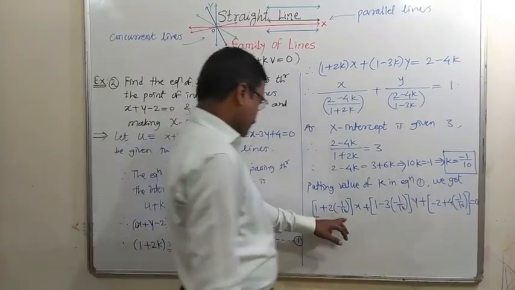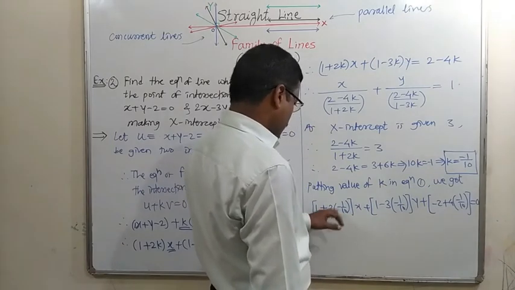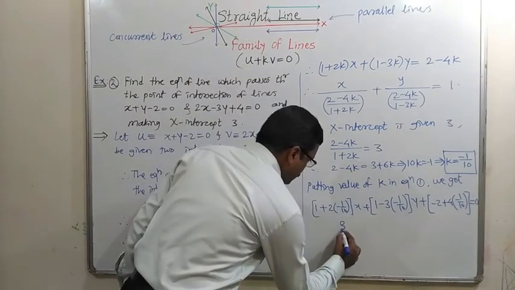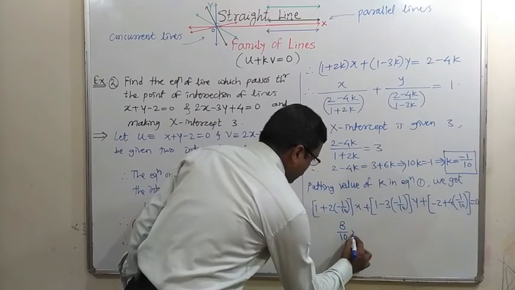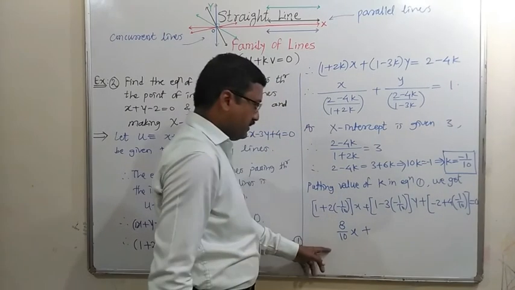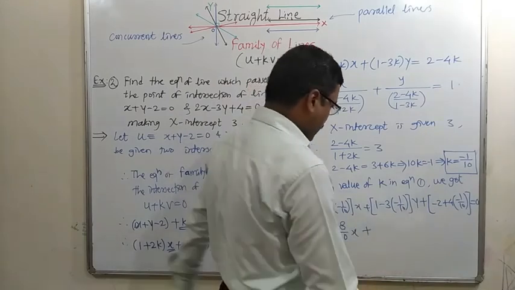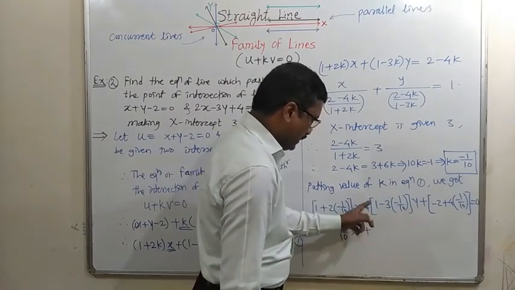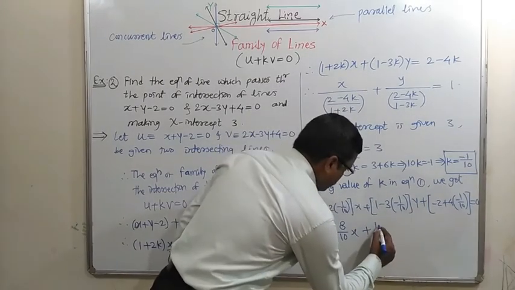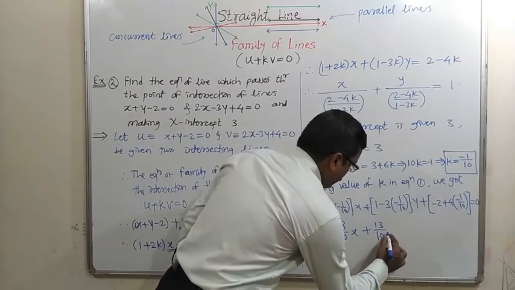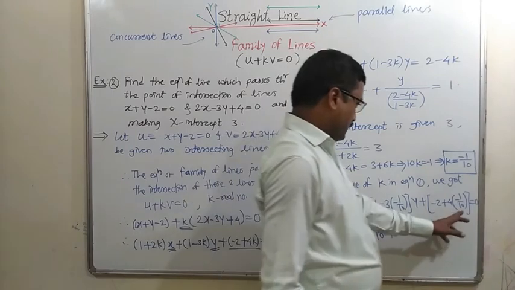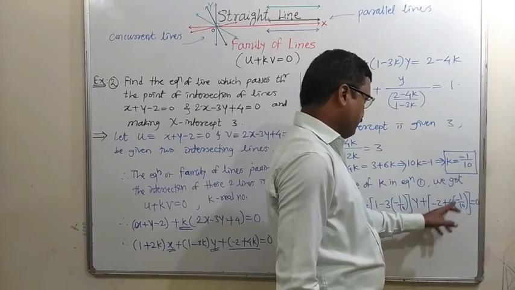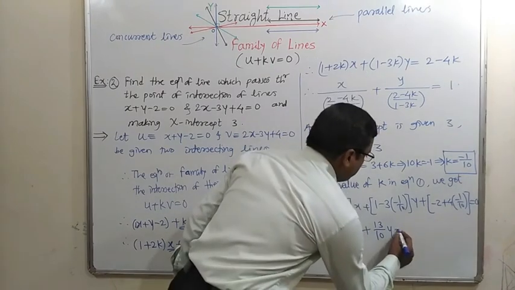Now simplify this. This will be minus 2 by 10, so 10 minus 2, that is 8 by 10 x. In each term, 10 will be in the denominator. Here it is plus 3 by 10, so 10 plus 3, that is 13 by 10 y. Here it will be minus 20 minus 4, that is minus 24 by 10.